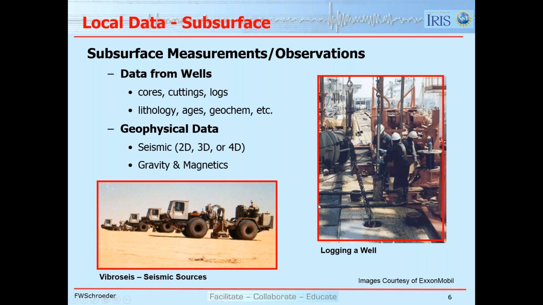That is where repeat 3D surveys are compared to each other to try to understand how fluids, particularly hydrocarbon fluids, have been moving as we've been producing the field. The other main type of geophysical data that we can collect is gravity data and magnetic data.